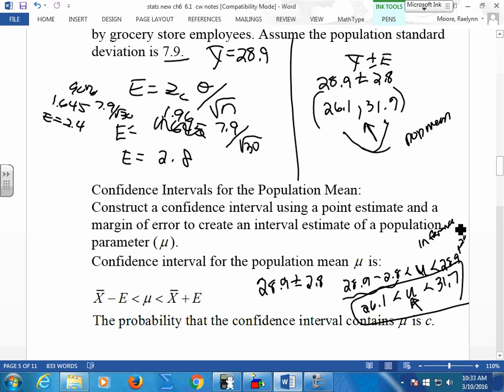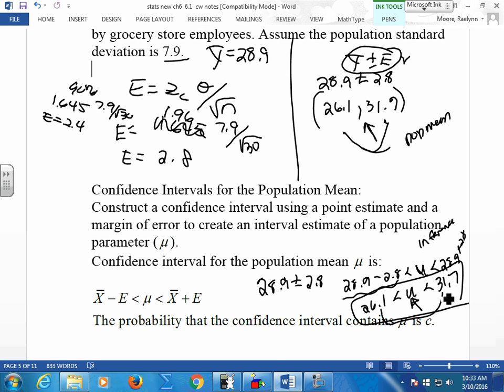Okay. I took my sample and I subtracted my margin of error. So now I expect my actual population mean to come between these two numbers. Instead of hitting it on one exact number, if I said I expect my population mean for the hours worked by grocery store employees to be 28.9, if I ask every grocery store worker in the United States, it's very, very rare that it's going to come out to be exactly 28.9.